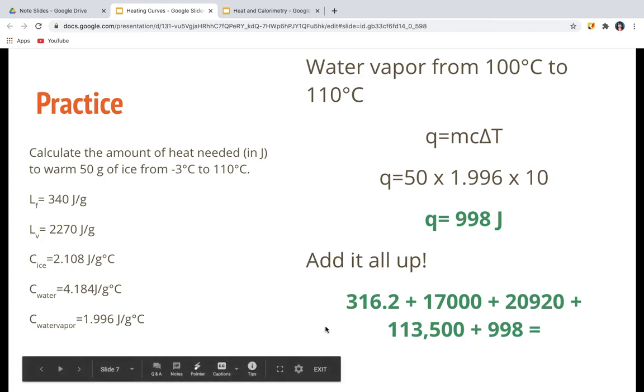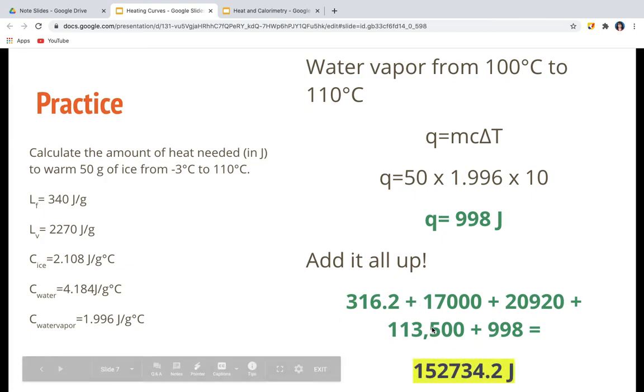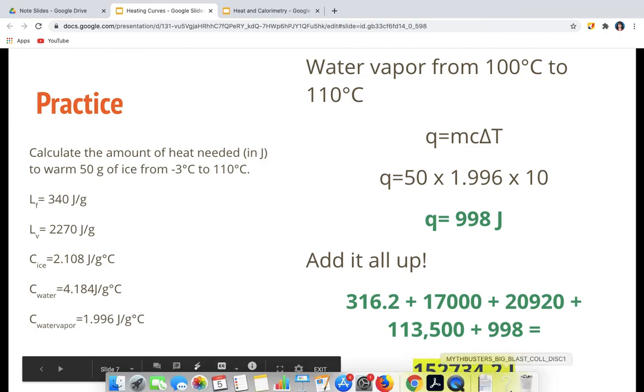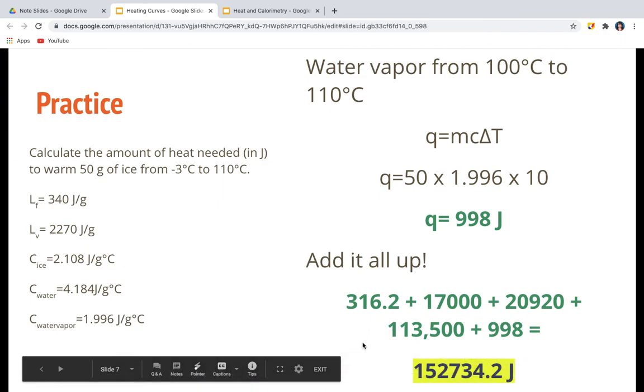That gets you to 152,732.2 joules. I would round up and say it's roughly 153 kilojoules. Quite a bit of energy needs to be absorbed to do that.